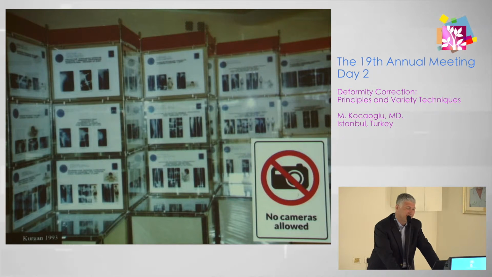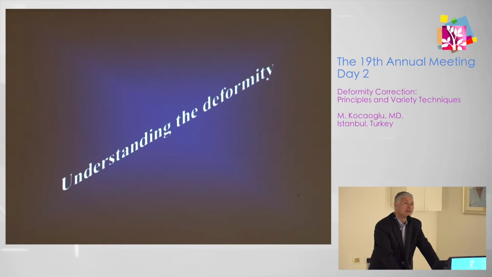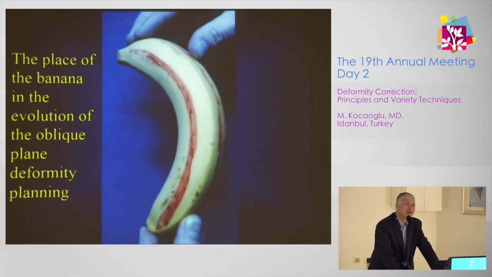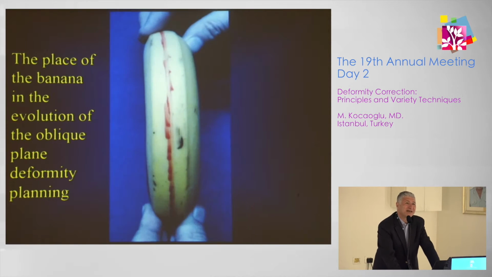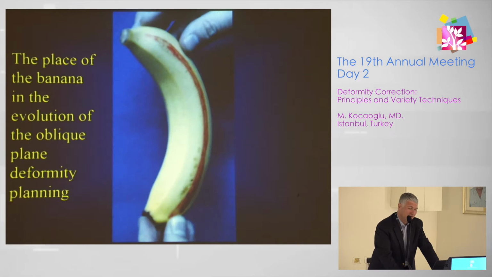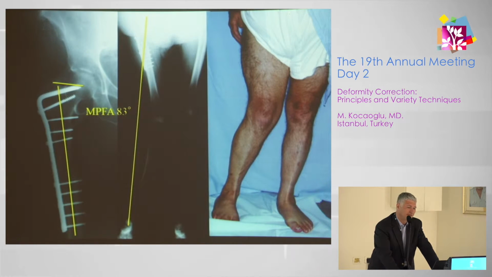We could only see the pictures of the patients and start to learn how to deal with this kind of deformity. My mind was opened when I visited the course in Baltimore, especially this banana example, which really showed me what is going on with the deformity.